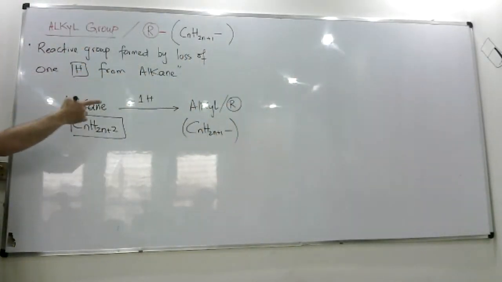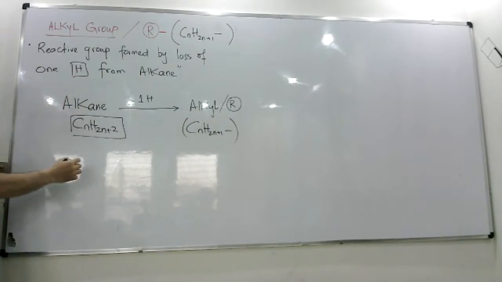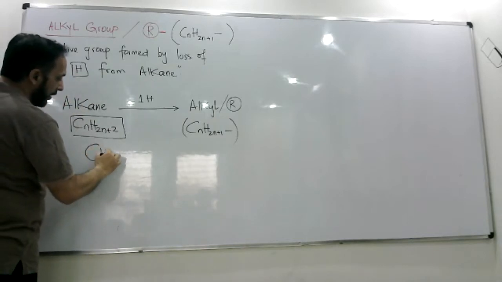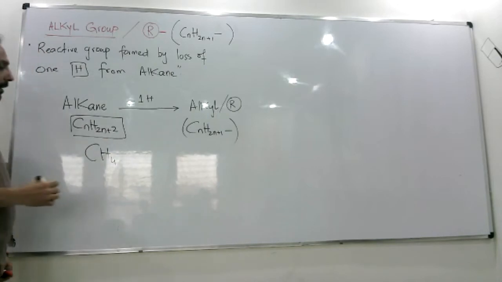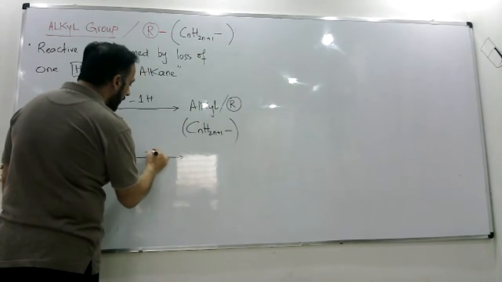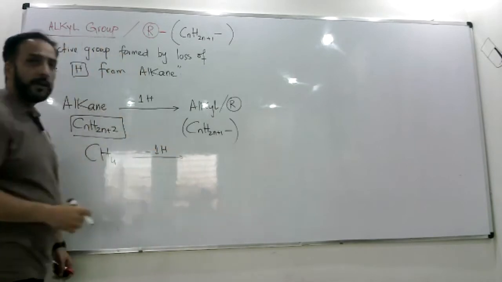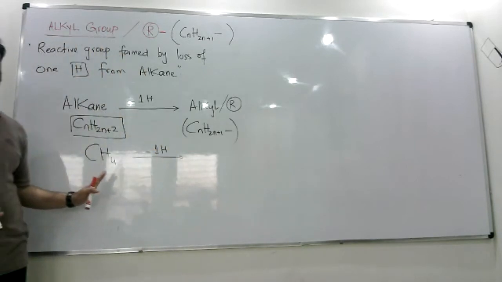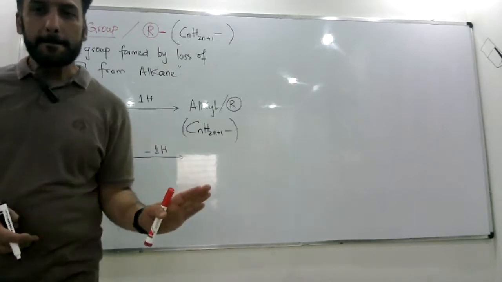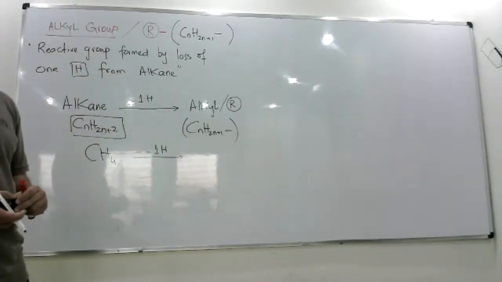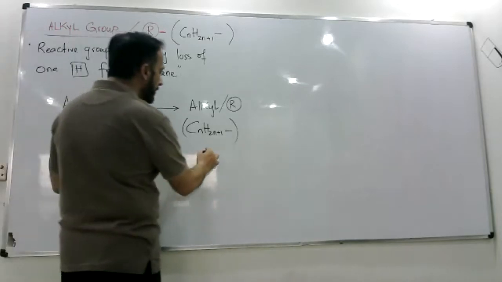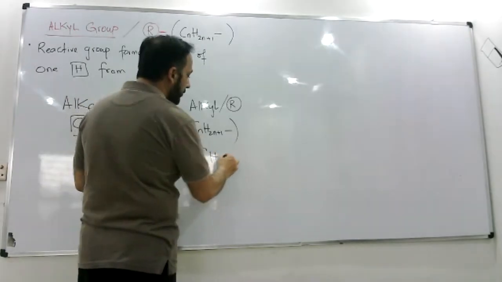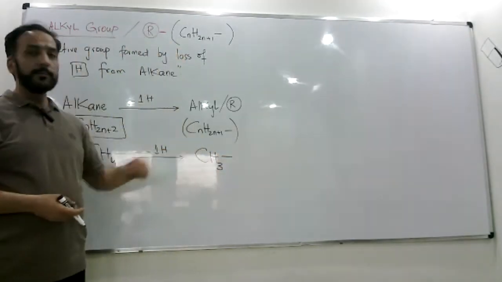The smallest alkane is methane, CH4. CH4 is saturated, complete. If I take away one hydrogen from it, what would it become? CH3. We take one hydrogen out, CH3. Now CH3 is not complete, it still has one bond free, so we show that bond as a line.